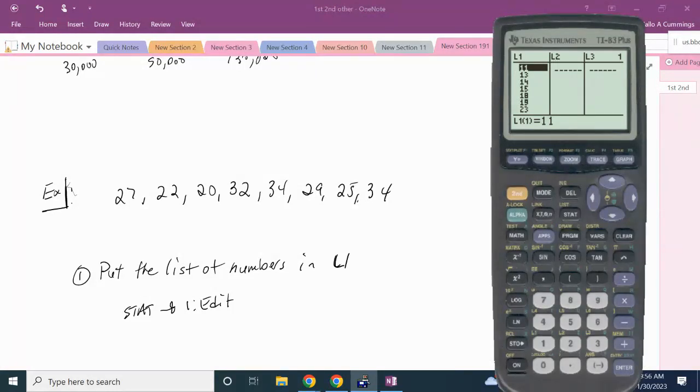Now I already have a data set in here, so in order to just clear the list out completely, I'm going to go to the very top. I'm going to hit clear and enter. Right. So we're specifically using list 1. So I'm just going to put in those numbers. And you want to make sure that you hit enter after every number.